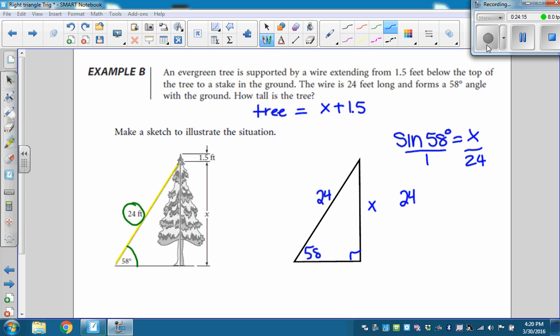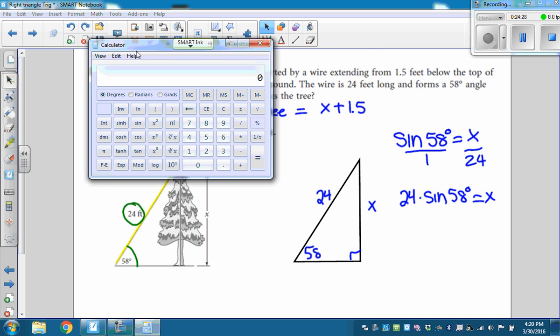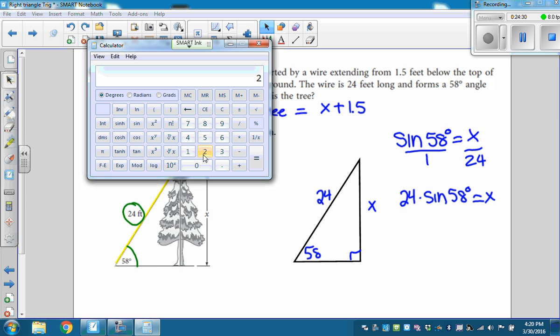24 times the sine of 58 is equal to x. So I picked up my calculator, 24 times, and I have to put the angle in first for this calculator. Let's clear that out, that didn't work.